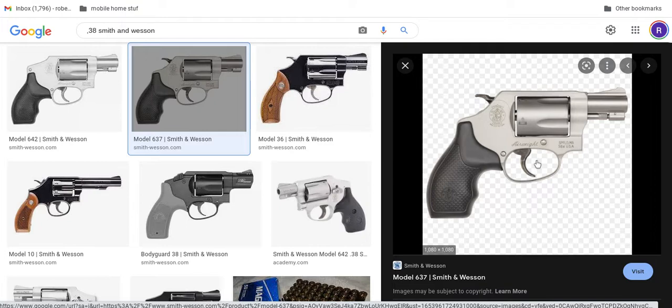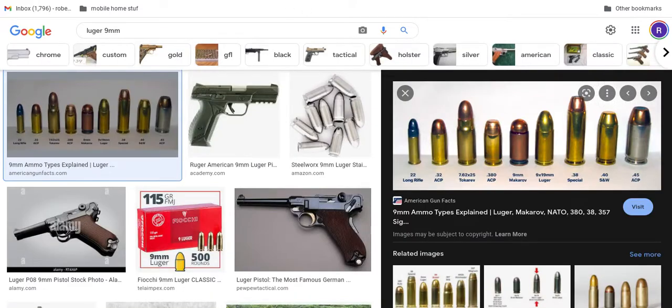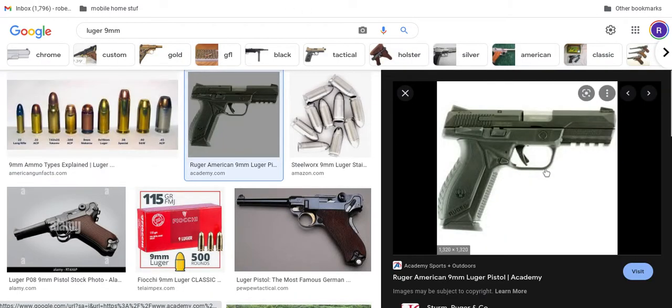So the question is, at some time in the past, was there a 38 Special or a Smith & Wesson 38 at the flower shop? The live ammo and gun cleaning kit would suggest it was either stored there or brought there at some time in the past. Same thing with the 9mm.